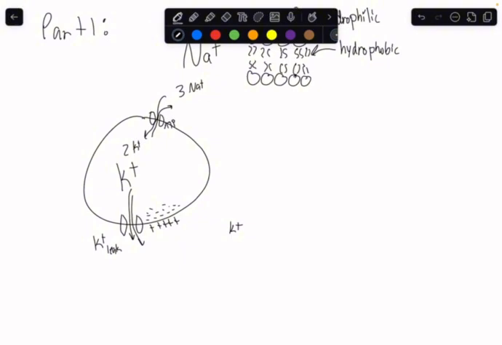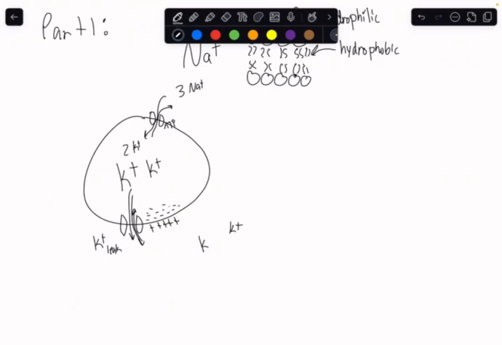As more of the potassium leaves, these negative charges will be like, well, we need some more positive in here. We're losing too much positive. So it'll start to pull back a little bit and resist that chemical gradient with an electrical gradient. So it'll reach a point of equilibrium where there's still quite a bit more potassium inside the cell than there is on the outside, with this electrochemical gradient.